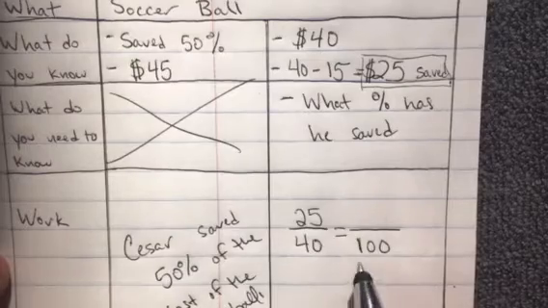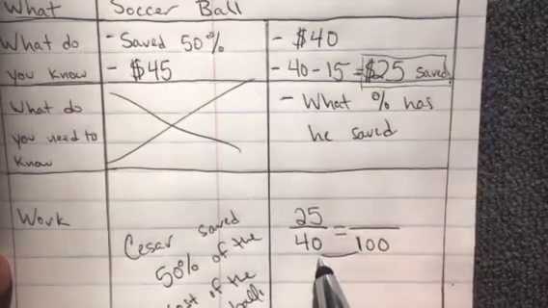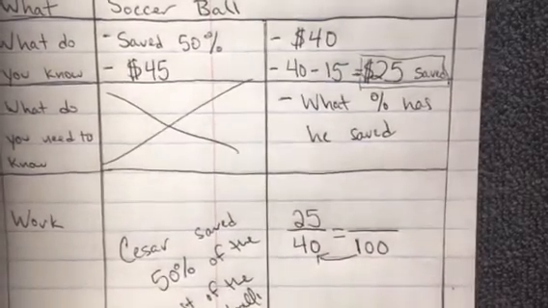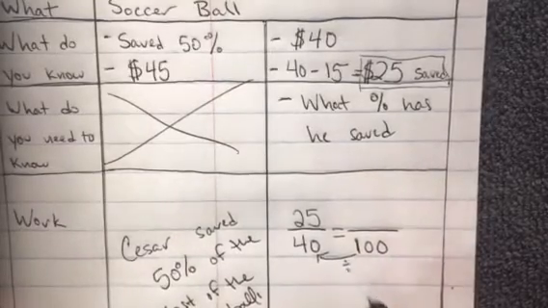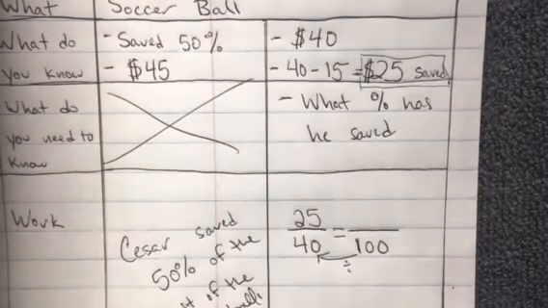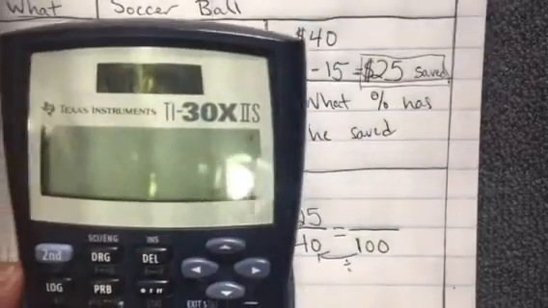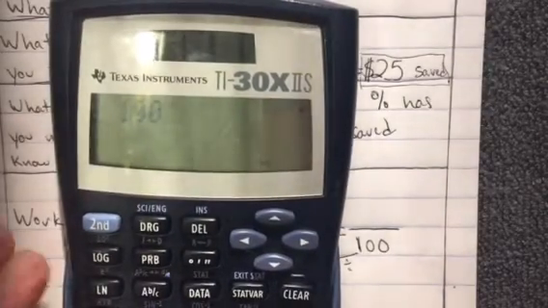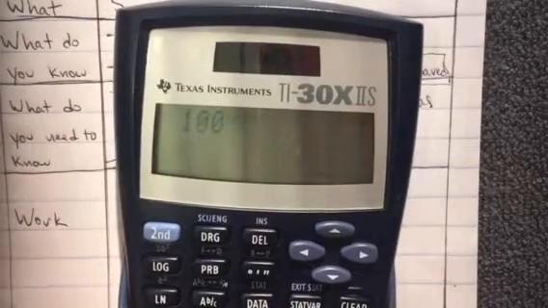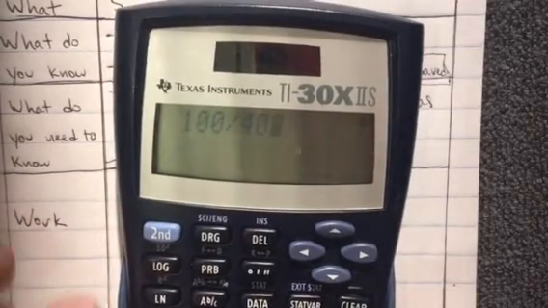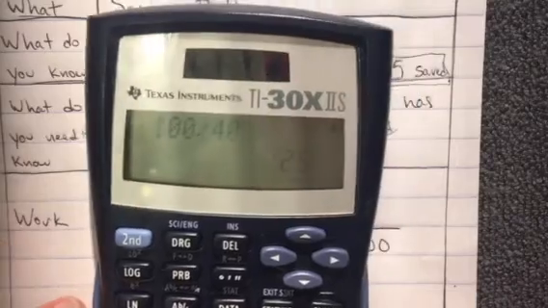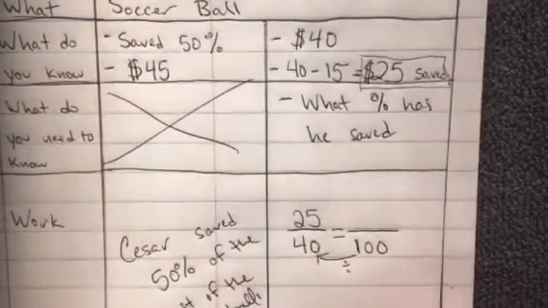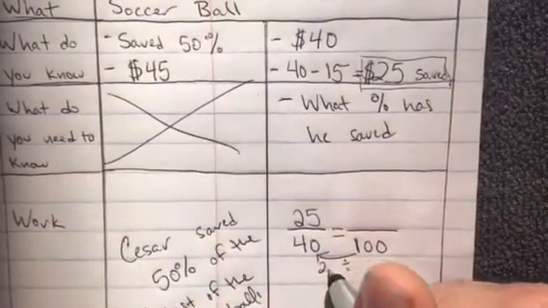To find the factor, I take my bigger number and divide by my smaller number. So I'm going to do 100 divided by 40. 100 divided by 40 gives me a factor of 2.5. So I know my factor is 2.5.